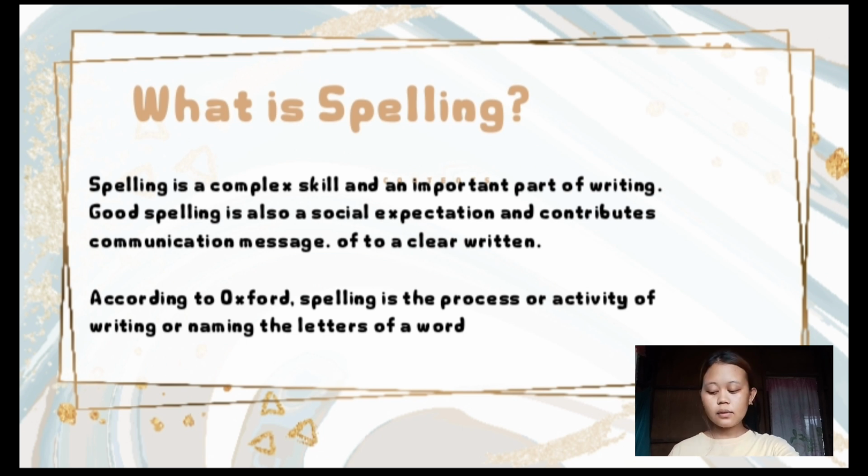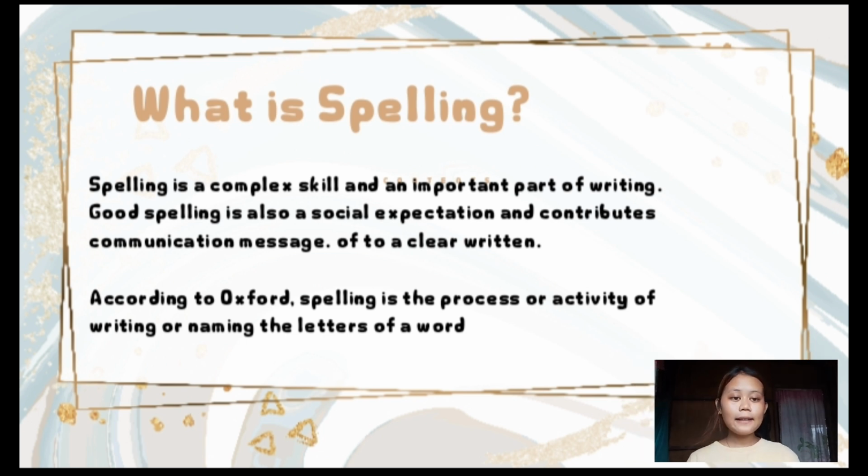According to Oxford, spelling is the process or action of writing the letters of a word, writing the letters of the correct word. Spelling is a proper arrangement of the letters into words, and it is an act of forming words correctly.